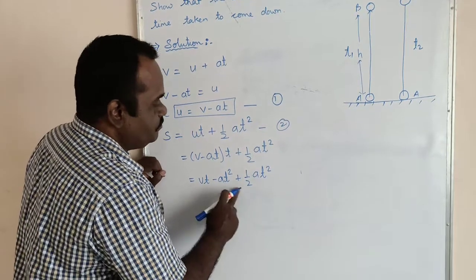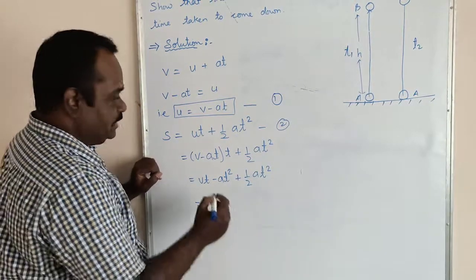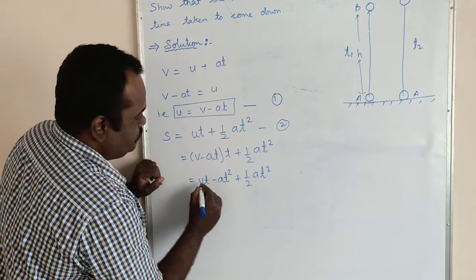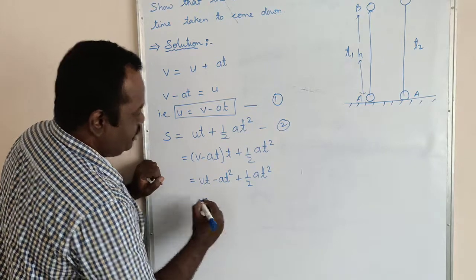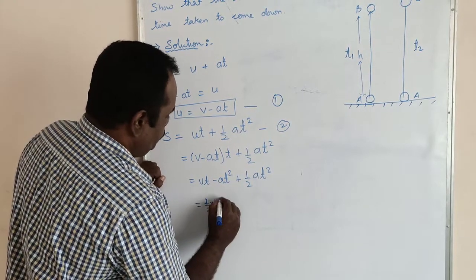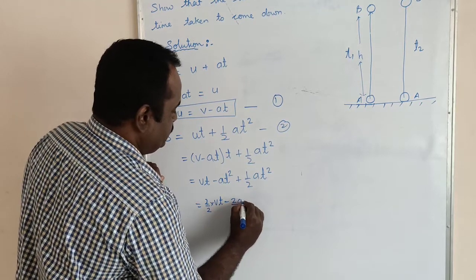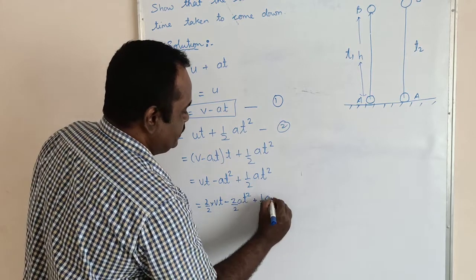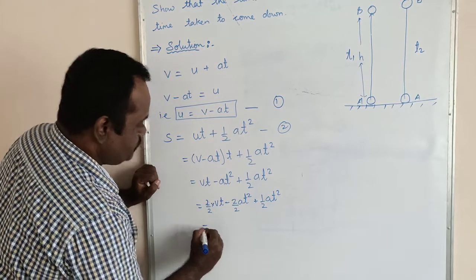Now here we have half, so what we are going to do is take the LCM. We multiply and divide by 2 into vt, minus again multiply and divide by 2 into at square, plus at square upon 2, because there is no need of doing anything over here.